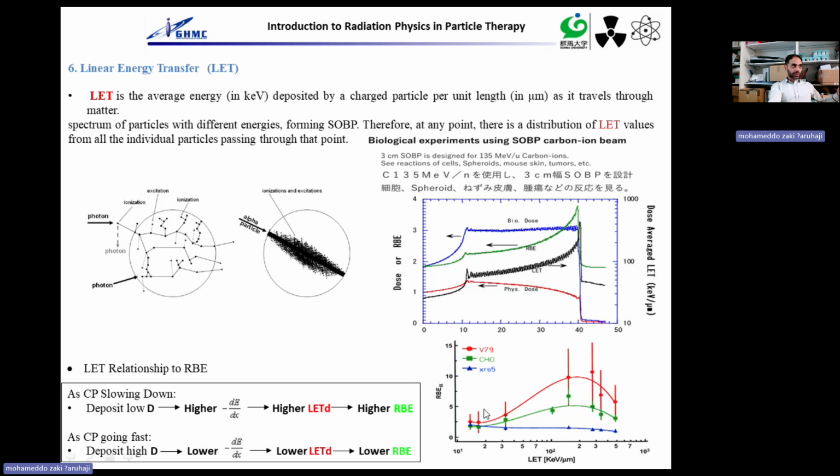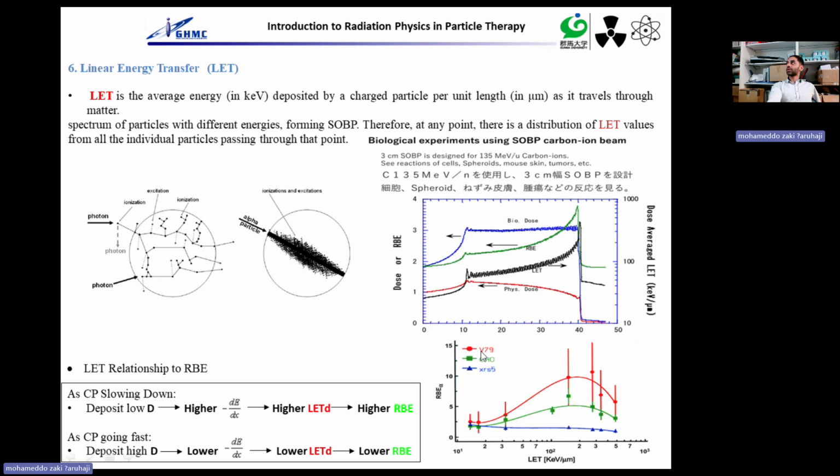Also, to emphasize what she said, in this graph here, RBE depends on LET and the type of cell. The first one is the cancer cell. Some cells respond better than other cells.